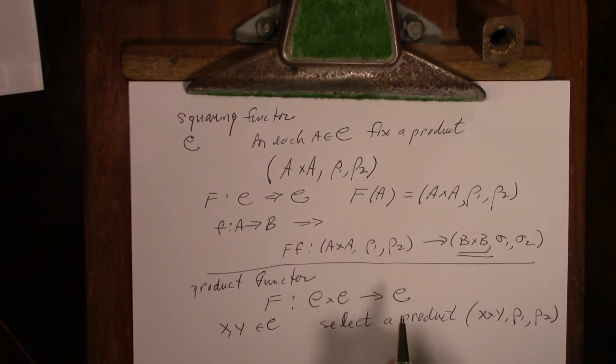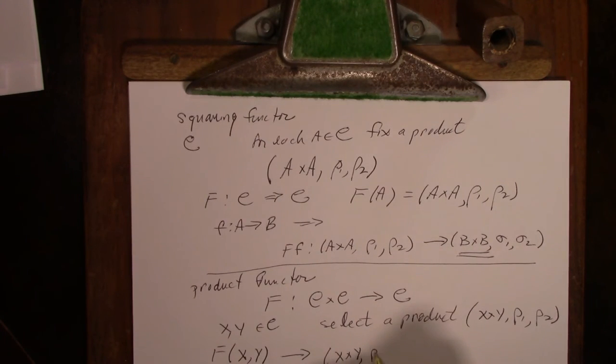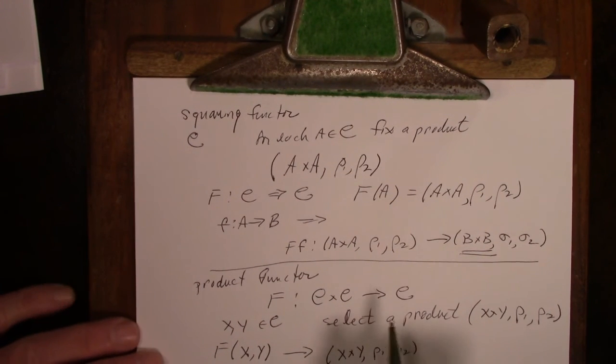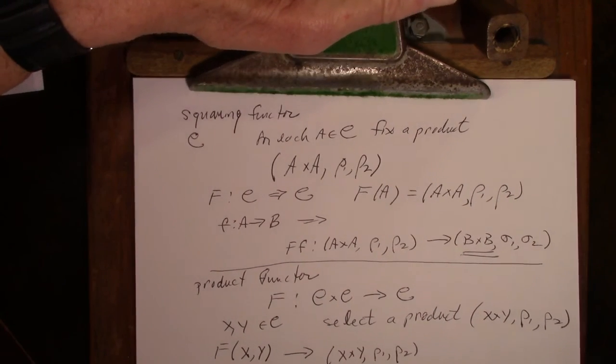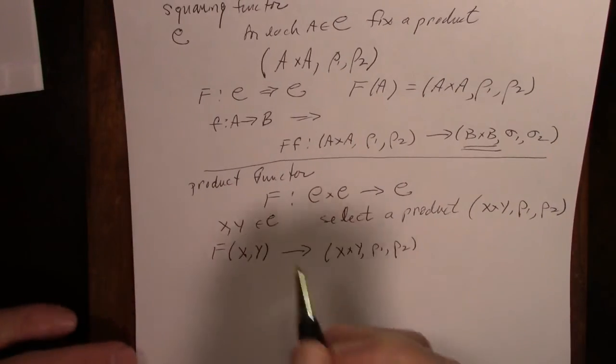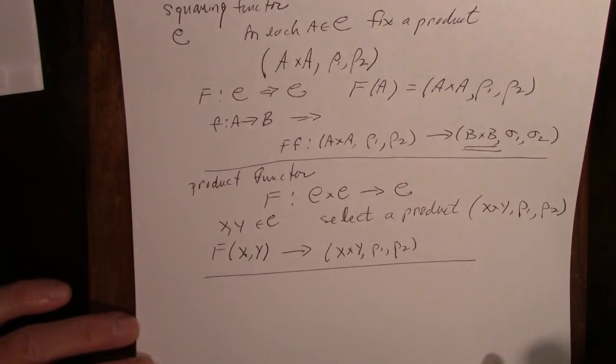Okay. And so this functor is going to take an object in C cross C, which is an ordered pair of objects, to the chosen product. Okay. Morphisms are going to go to a product morphism, which is why I defined product morphisms for you earlier. And so I'm going to, again, leave that one for you to fill out.